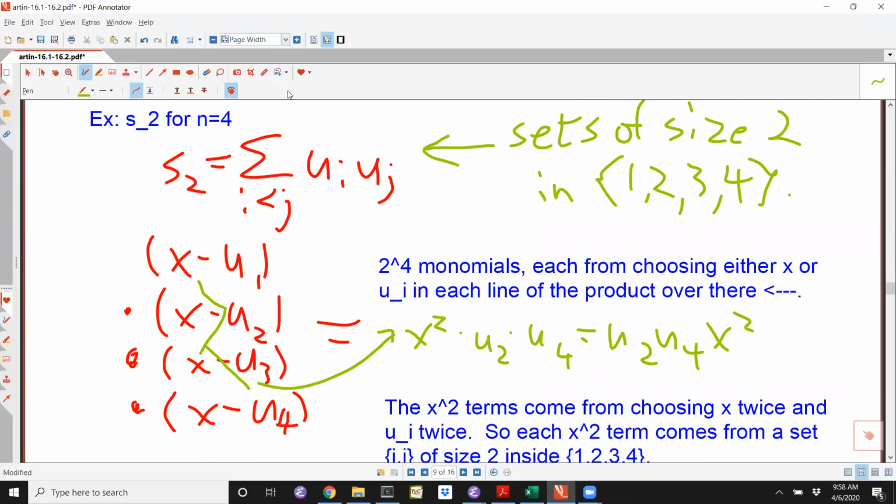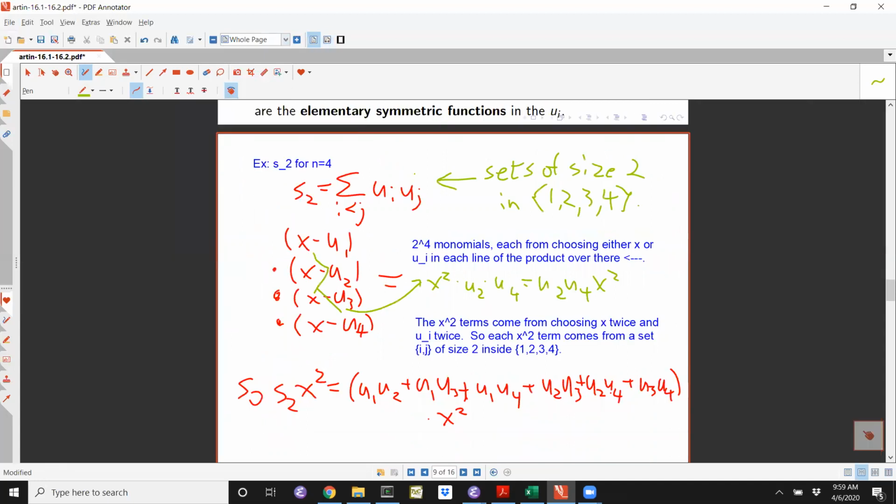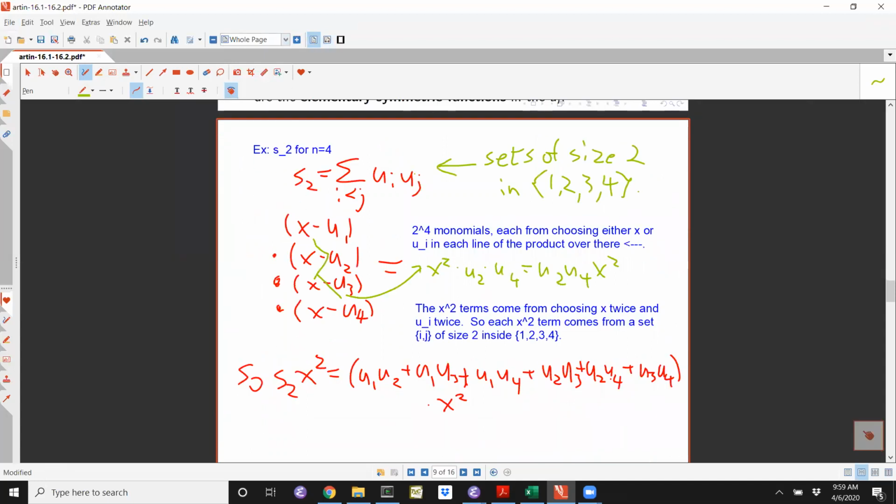So does that make sense? Let me pull back to the full page here. There we go. Does that make some sense? Everybody okay with that now? Okay.